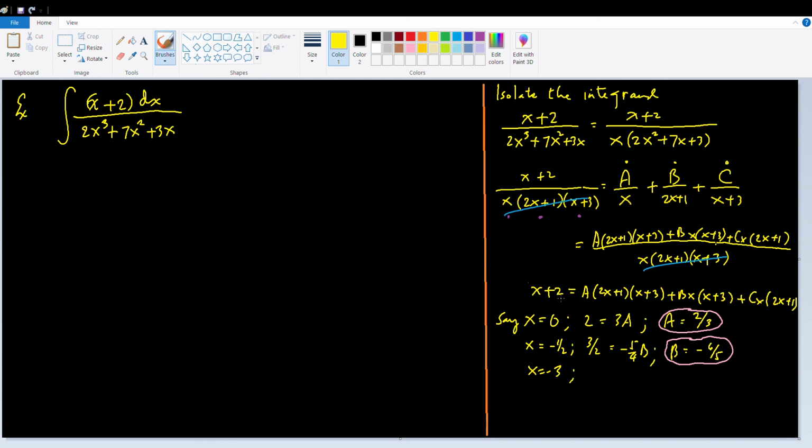So negative 3 plus 2 is negative 1. x plus 3 will be 0. So that leaves us the last term, c times negative 1. 2 times negative 1 is negative 2 plus 1 is negative 1. Negative 1 times negative 1 is positive 1c. So our c is negative 1.